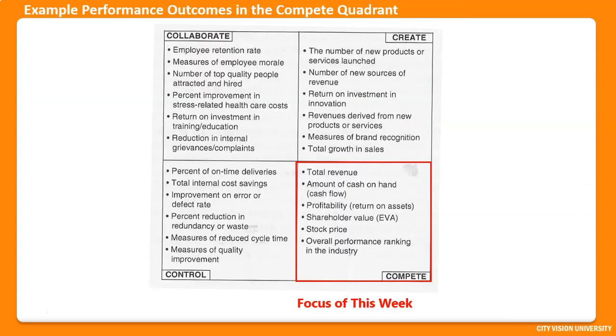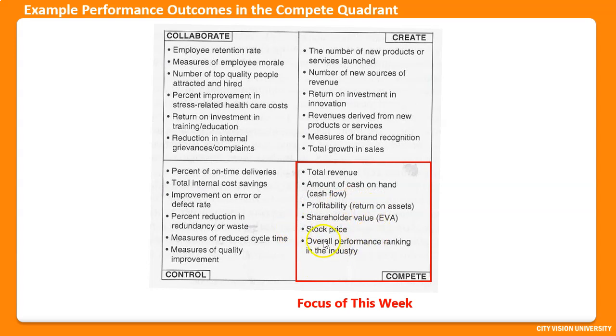Now, what are the performance outcomes in this quadrant? Ultimately, total revenue. The amount of cash on hand or your cash flow. In nonprofits, it wouldn't be profitability, since you're not supposed to be a for-profit organization, but it would be your net income, essentially, which is the nonprofit equivalent of profit.